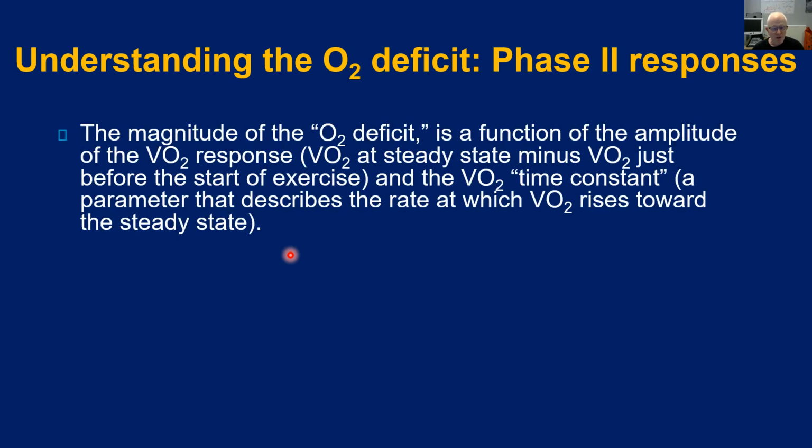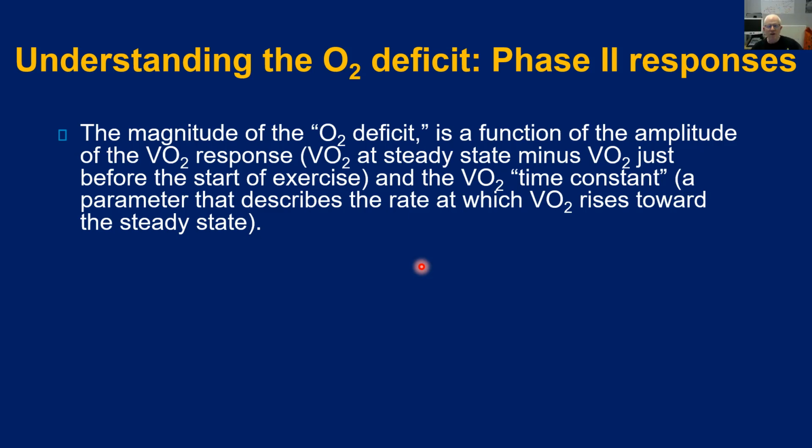Well, the magnitude of that deficit, and remember that we said that the magnitude of the deficit is a function of the exercise intensity. And it's a function then of the amplitude of the VO2 response. So the greater the exercise intensity, the greater the VO2 response has to be, because you need more oxygen to meet the ATP demand in the tissue.